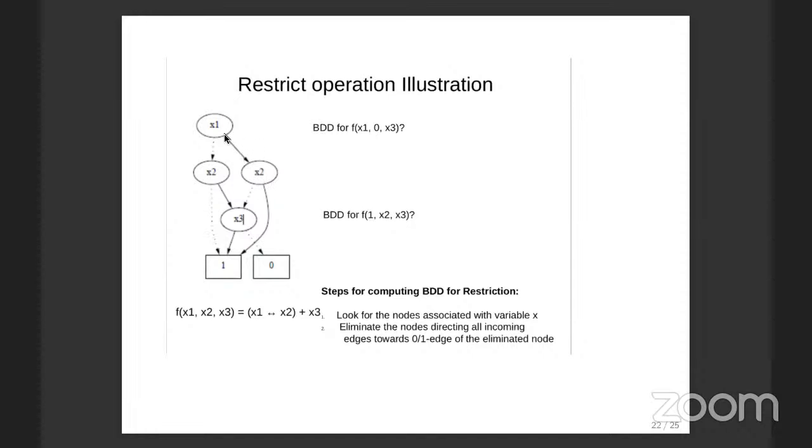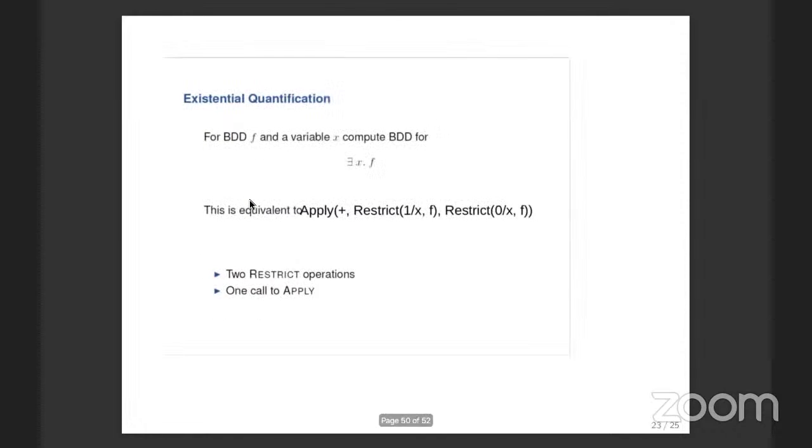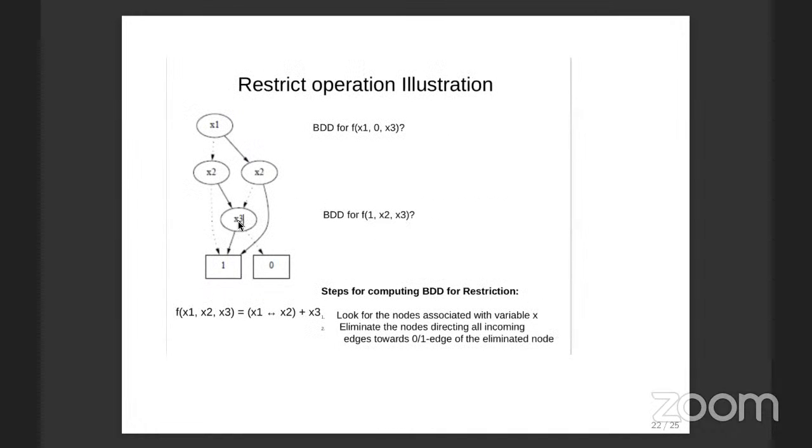Similarly here, this incoming solid edge goes to x3, which is the 0 side of this x2. And that is the result. I haven't shown the result BDD for that, and that's all that you will have to do.